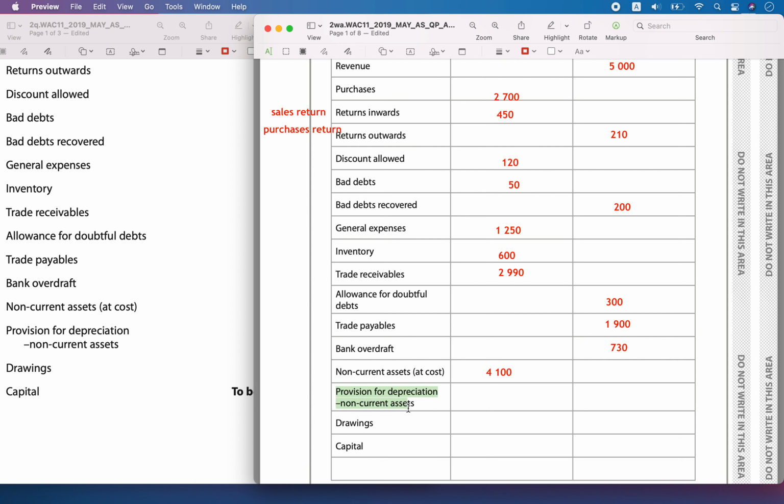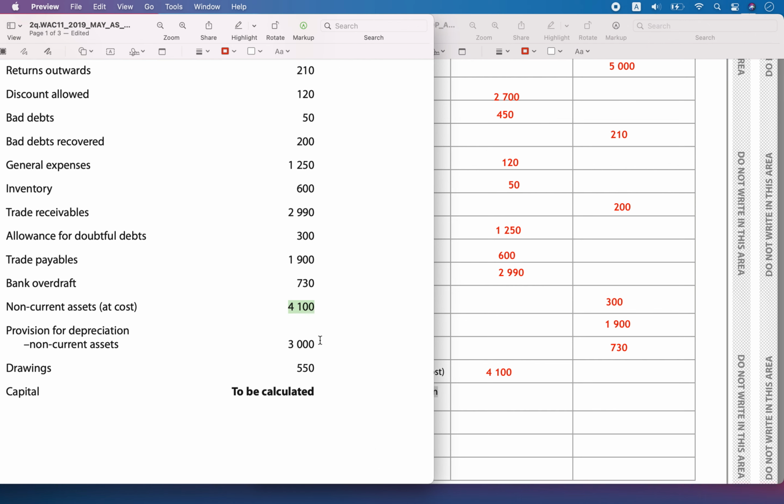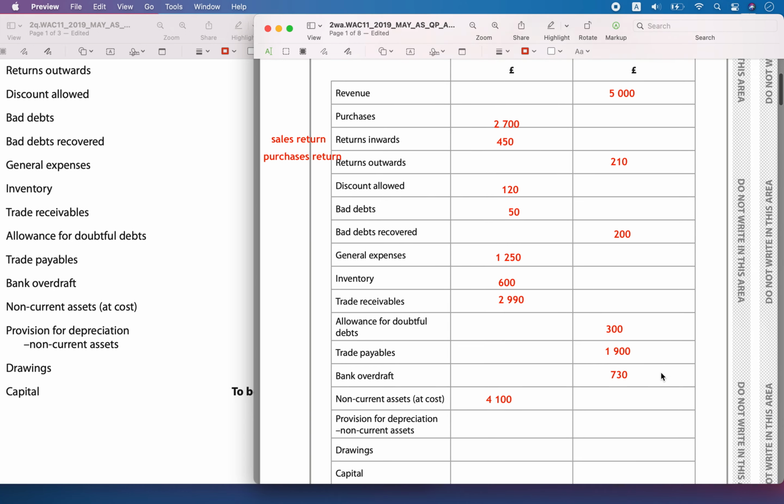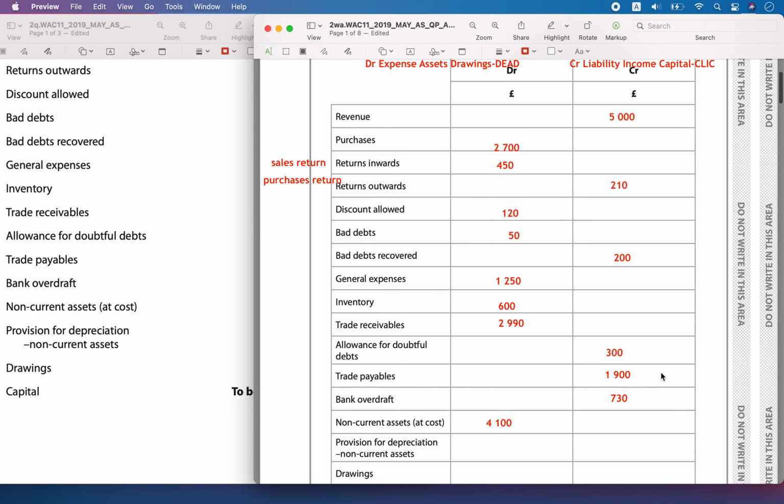Then you are going to have less the provision for this non-current asset, so I am going to put it on the credit side. You are providing the provision for these non-current assets. You will generally do less the cost of assets to get the carrying value, so you will put it on the opposite side.